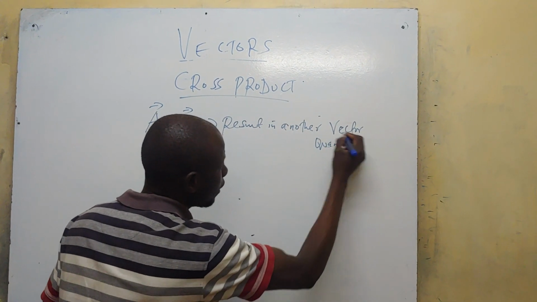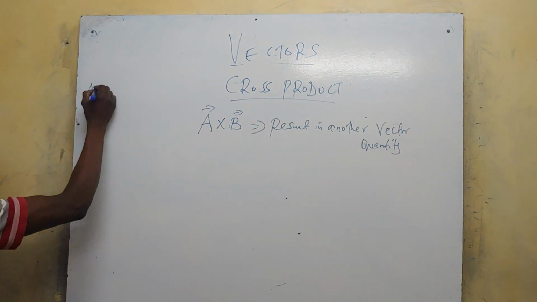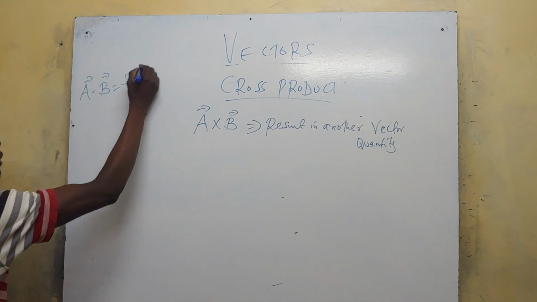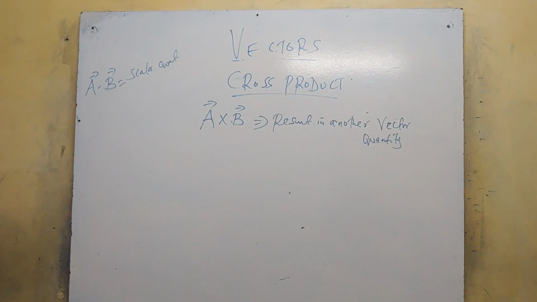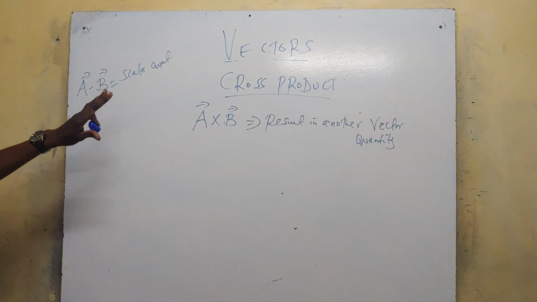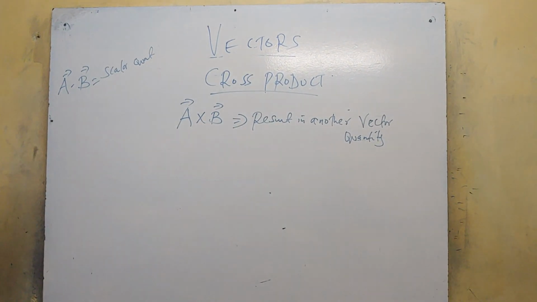If you look at what we did last week, the dot product A dot B gives you a scalar quantity. So the difference between the dot product and the cross product is that in the dot product we get a scalar quantity, just a number, but in the cross product we get another vector quantity.